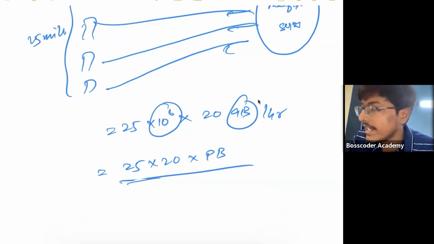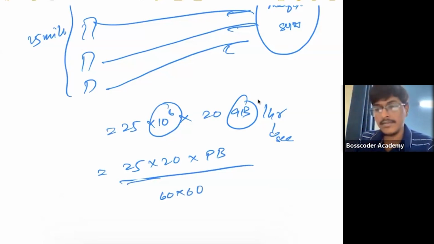Let's convert hour to seconds. So 1 hour is 60 minutes into 60 seconds.